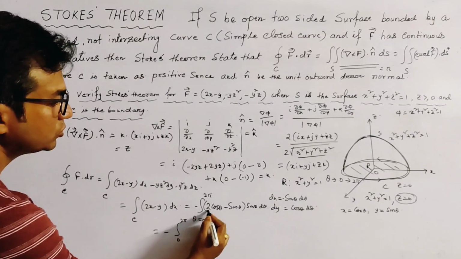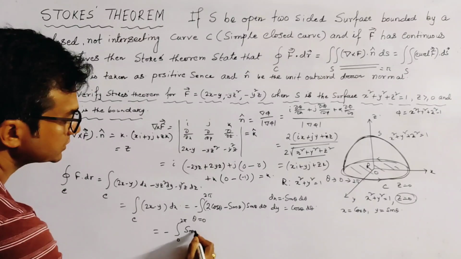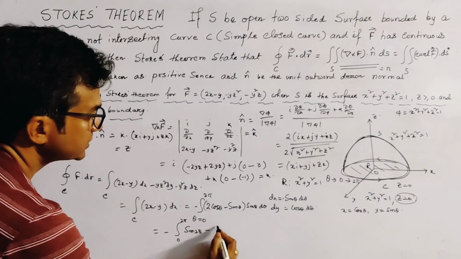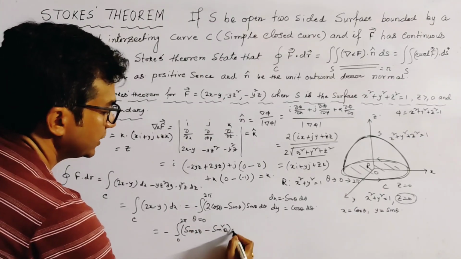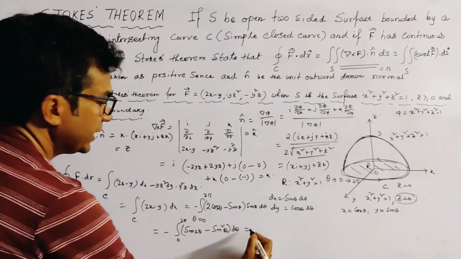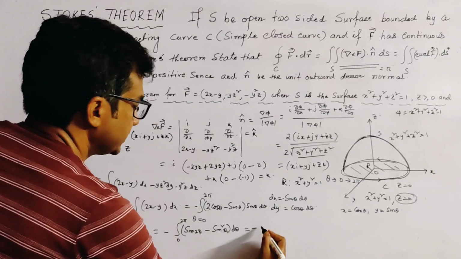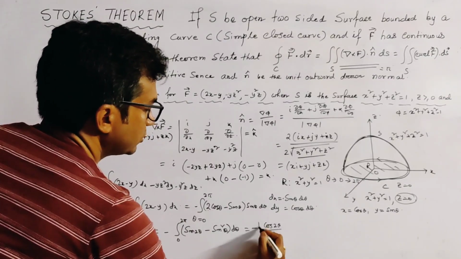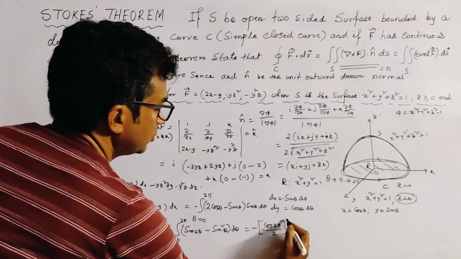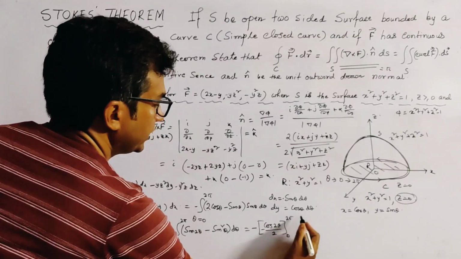And this gives minus integration 0 to 2 pi of 2 sin theta cos theta, that is sin 2 theta, minus sin square theta d theta. So we get minus, the first integration is minus cos 2 theta by 2, and the range is 0 to 2 pi.